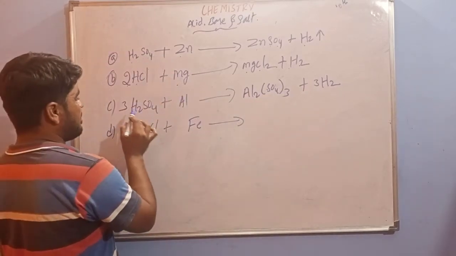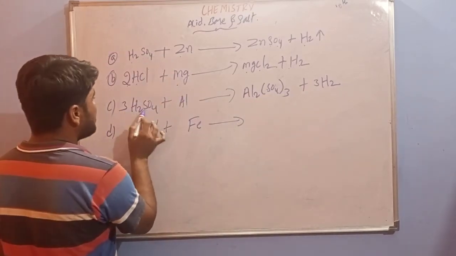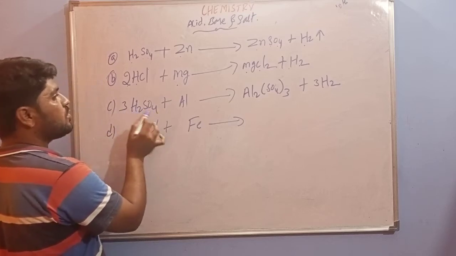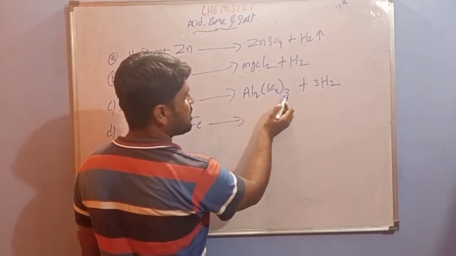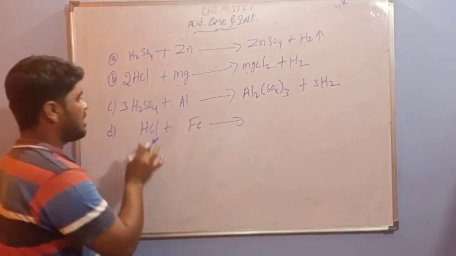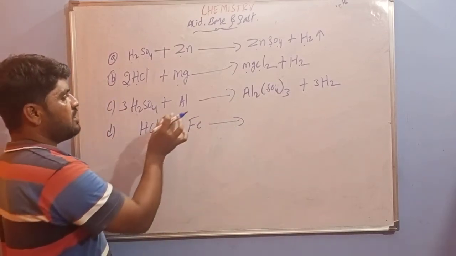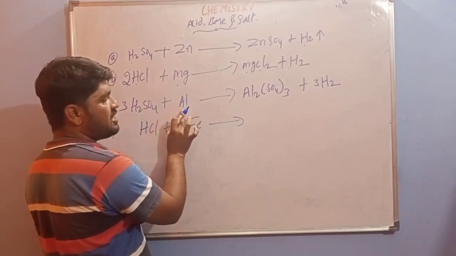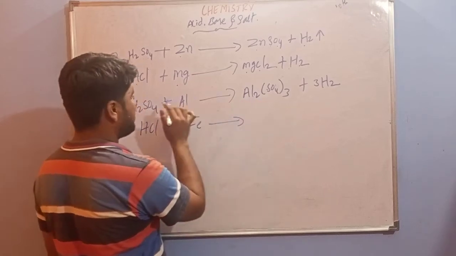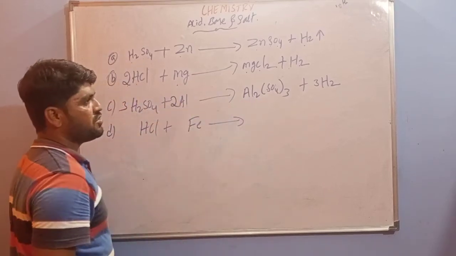Next, oxygens: 3 times 4 is 12. So here 4 times 3 is 12. So oxygens are balanced. Next is aluminium. Here Al is 1 and here is 2. That's why 2 as a coefficient.